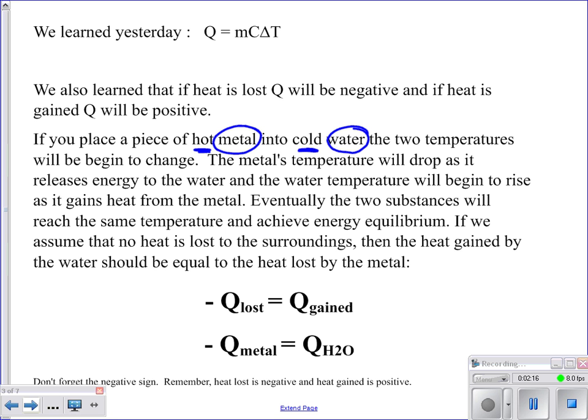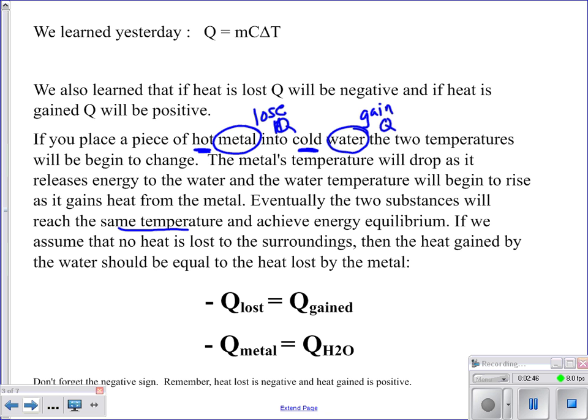So when you take that hot metal and put it into cold water, the hot metal is going to lose some of its heat energy, and the cold water is going to gain some of its heat energy. I probably should have written a Q there. Because of that, eventually the two are going to reach the same temperature, and we can just do the math that's involved in figuring out our missing variable.